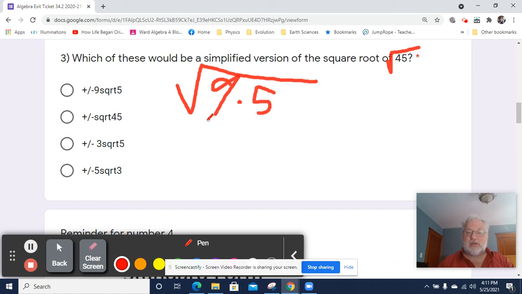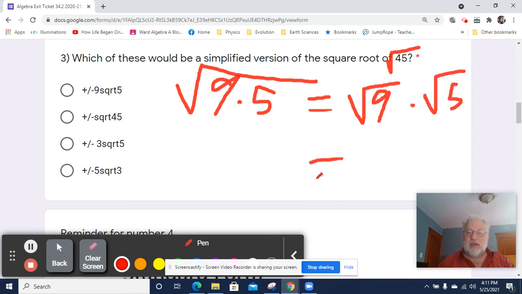And we can get the square root of 9. The square root of a product is the same as the product of square roots, so we can turn that into the square root of 9 times the square root of 5. And the square root of 9 is going to be 3, plus or minus 3, of course, and then the square root of 5.